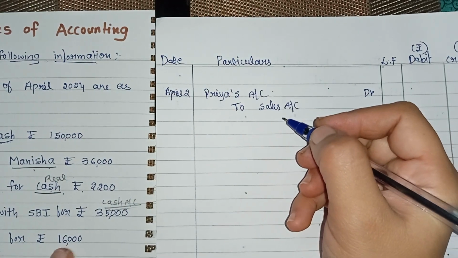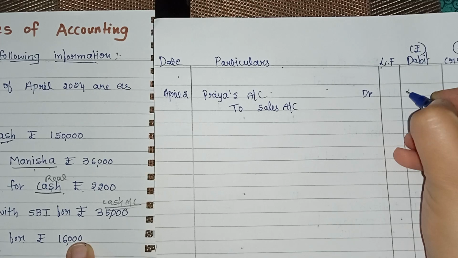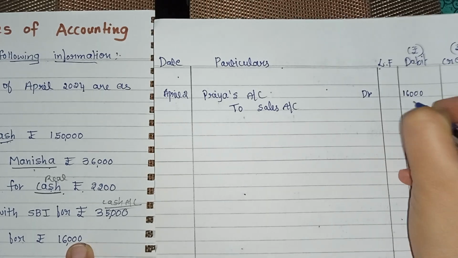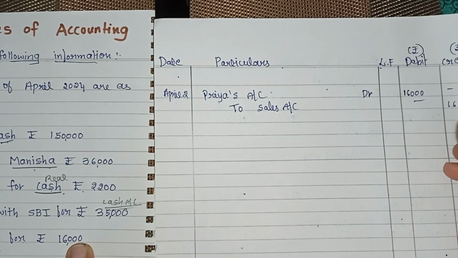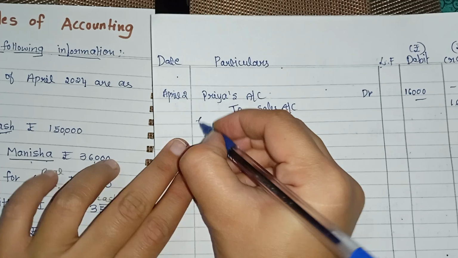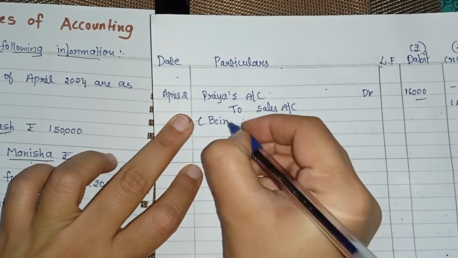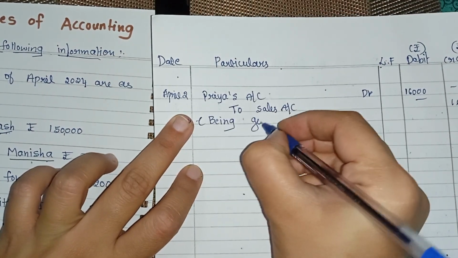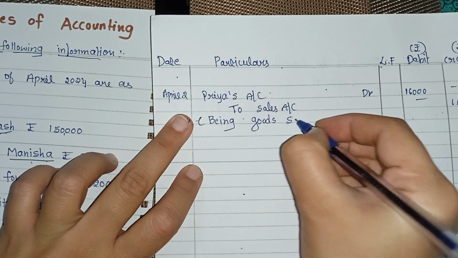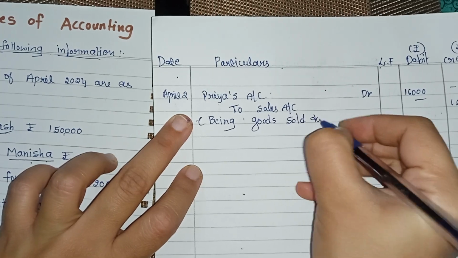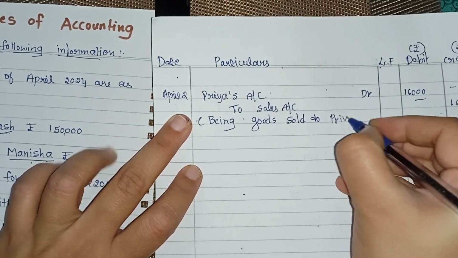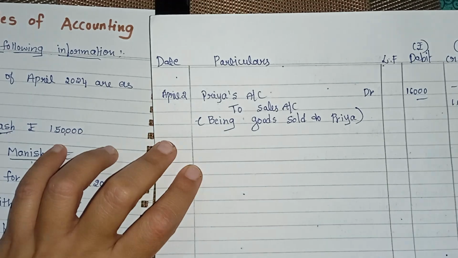Amount 16,000. Now we have to write the narration. Being goods sold to Priya.